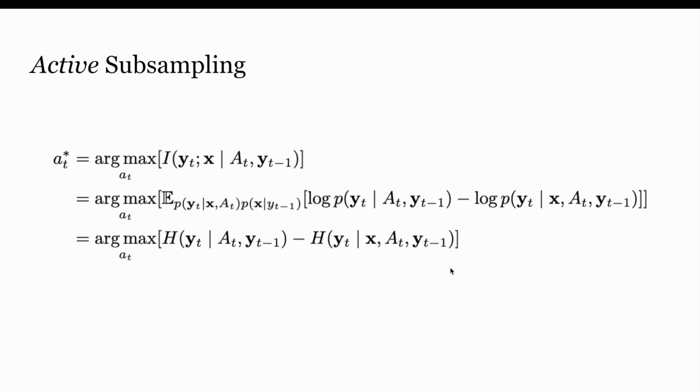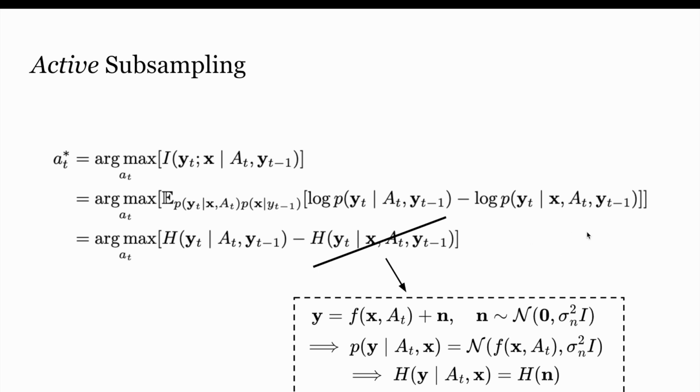The second term actually cancels out. This is because of the measurement model that we've chosen. As I mentioned earlier, we have this assumption that the noise is independent of x and that the measurement model is otherwise deterministic. So with a Gaussian distribution on the noise, for example, we find that this distribution given x is just a normal distribution centered around the measurement resulting from x. In the MRI case, for example, x would be an image of some anatomy, like a knee, and y would be the Fourier transform of that.